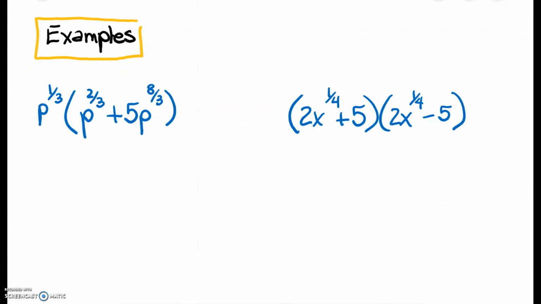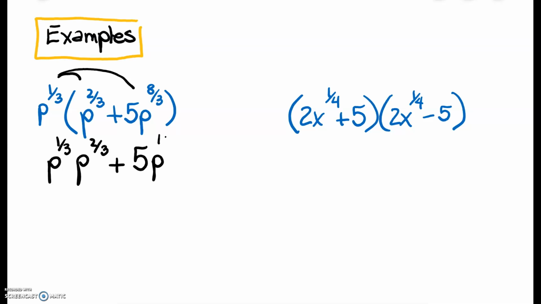Here they're asking me to multiply. So I'm going to use my distributive property and multiply. I again am going to use my rules of exponents to simplify. So I'm going to distribute this p to the 1/3, and I get p to the 1/3 times p to the 2/3 plus 5p to the 1/3 times p to the 8/3. And I notice when I'm multiplying, I should be using my product property, which tells me to add exponents.